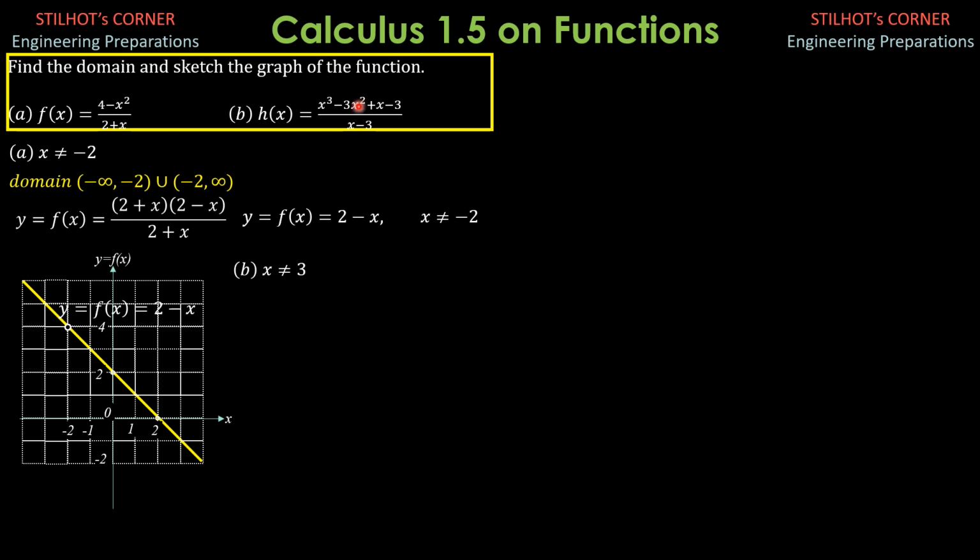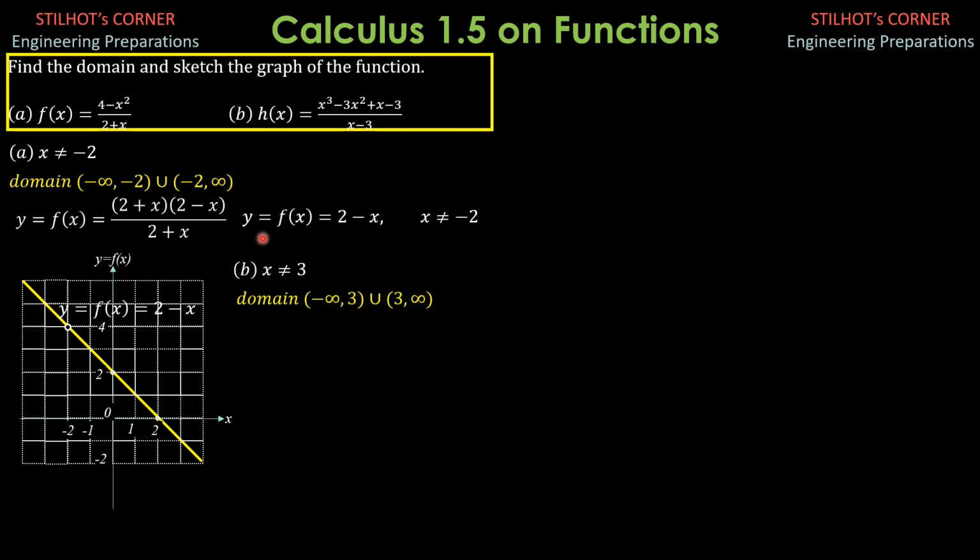You can also factor this by synthetic division. So the domain therefore is negative infinity to 3 union with 3 to infinity. So 3 is not included. That's why we have parentheses here. If the value is included, we use brackets instead.